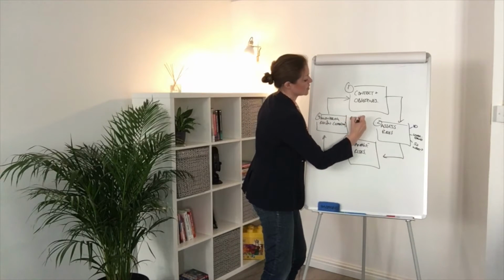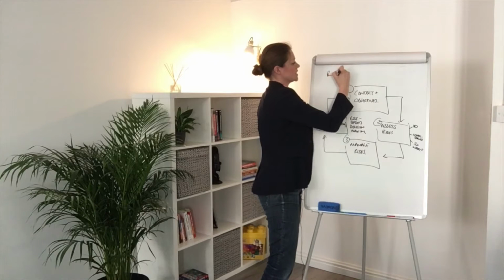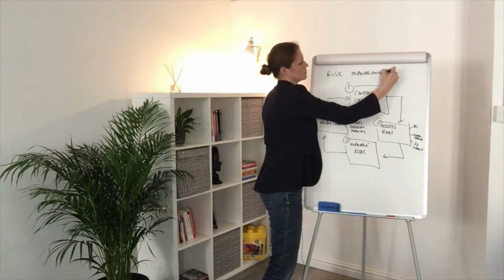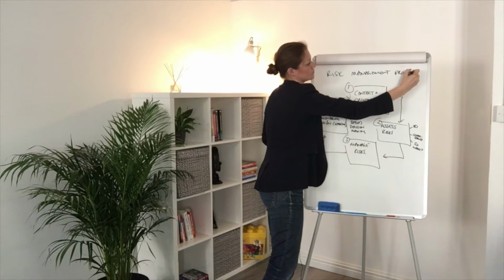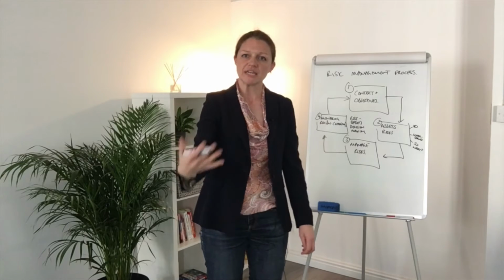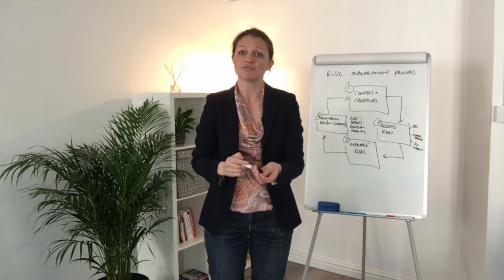So this is our risk-based decision making. And that is our risk management process. The whole purpose of risk management is to help us make decisions based on the best available data that we have to hand.